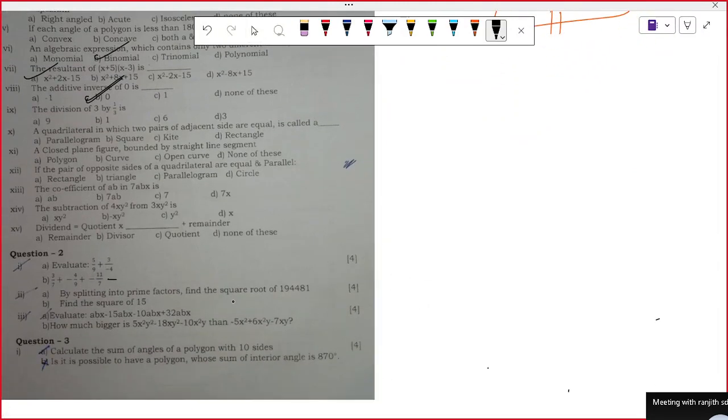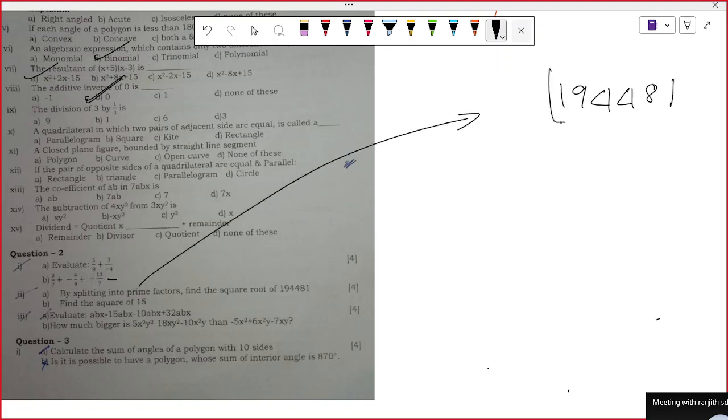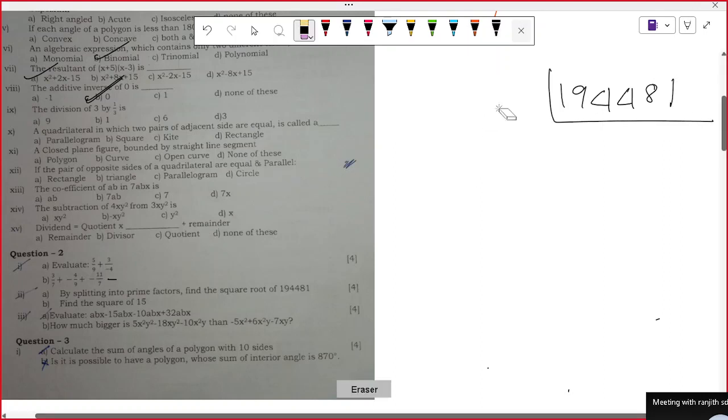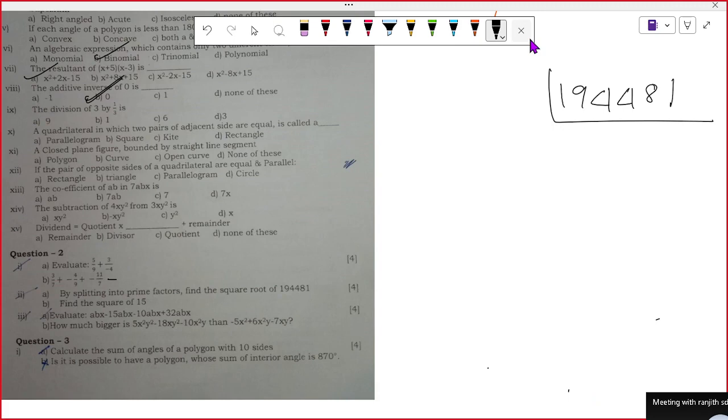And next, what is given here? By splitting into prime factor method, find the square root of 194481. How do you find square root using which method? Prime factor. Factorize this. Adya will answer this. All of you should try.